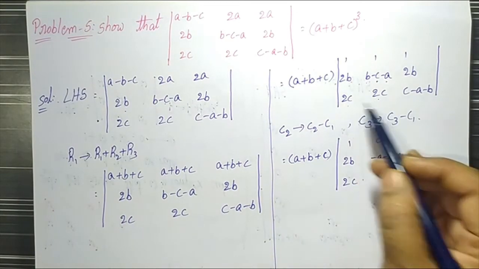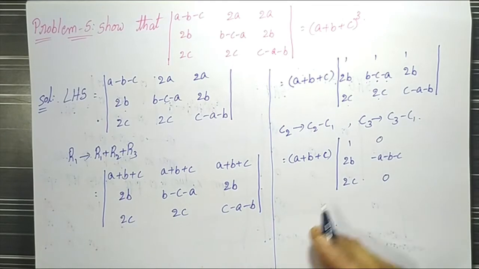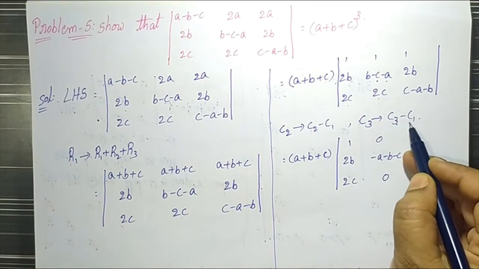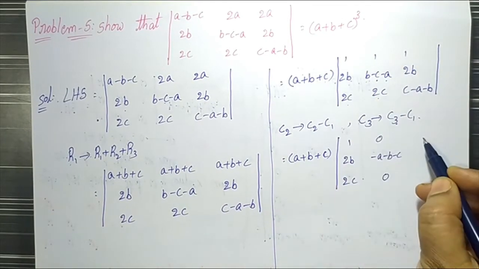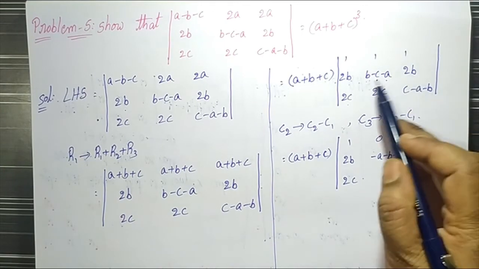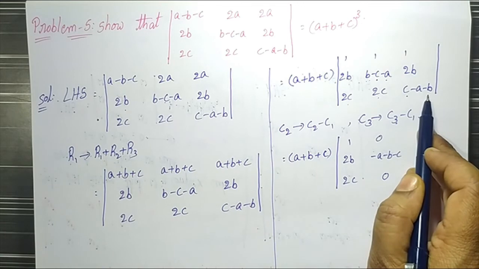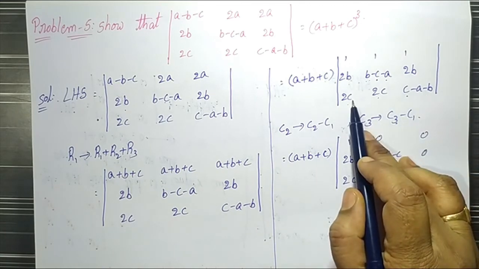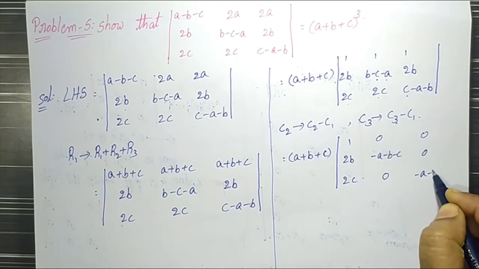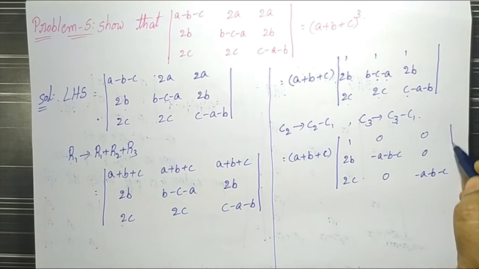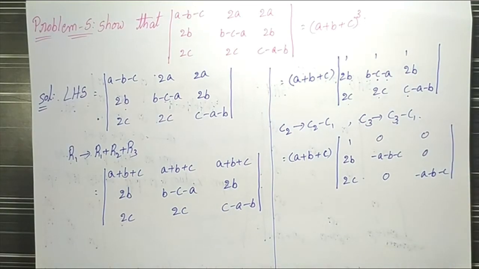Here 2c minus 2c is 0. From the third column, C3 minus C1: 1 minus 1 is 0, 2b minus 2b is 0, c minus a minus b minus 2c. Here also minus a minus b minus c. This is the value.